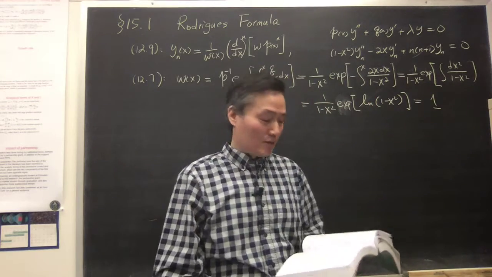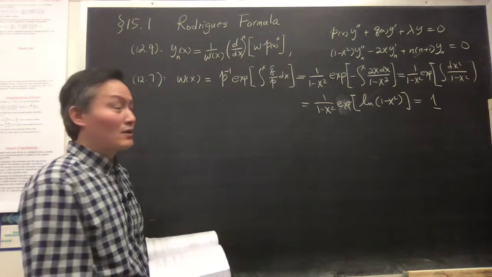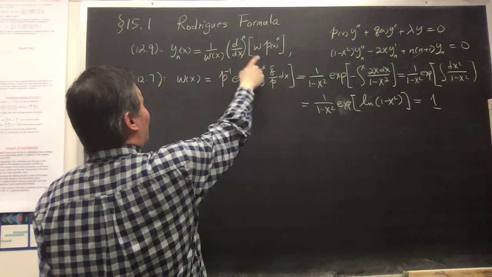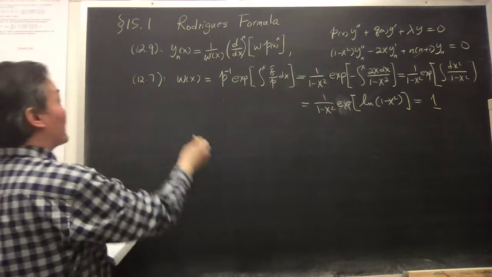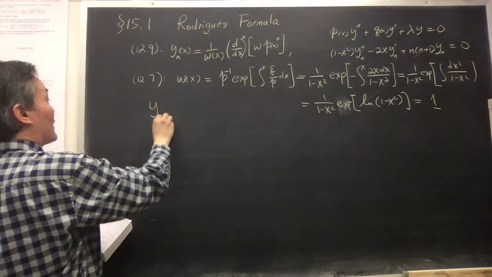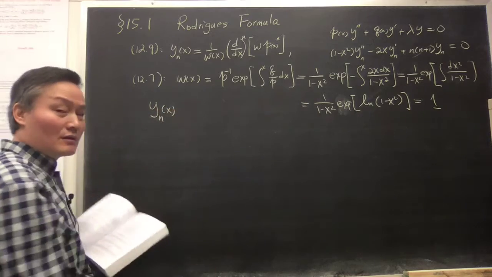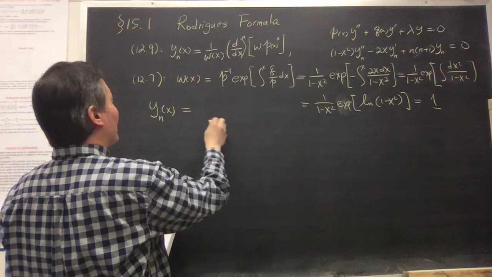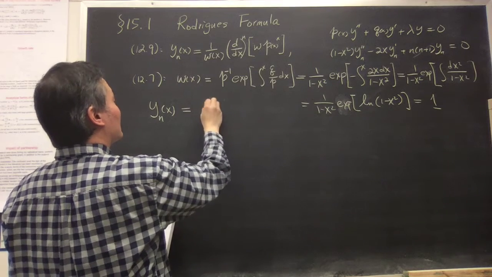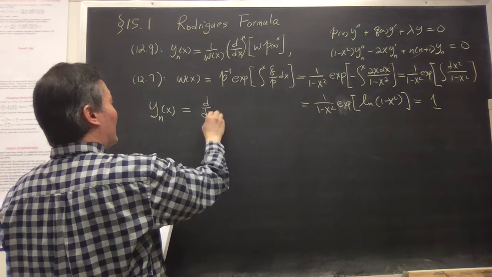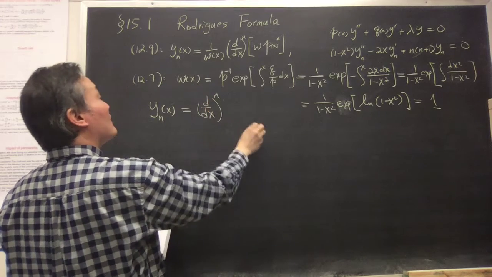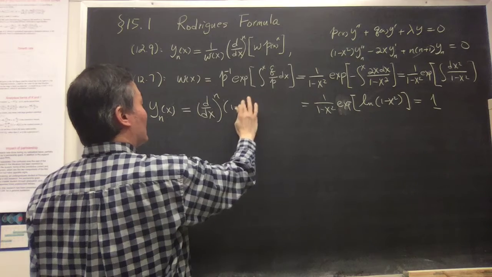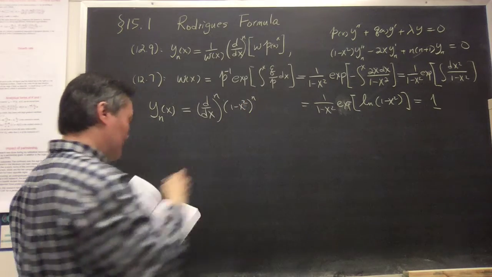Okay, so for this case, you can apply the Rodrigues formula. W is 1, P is 1 minus x squared, so Yn for the Legendre equation is given by just taking the nth order derivative of 1 minus x squared to the power n.